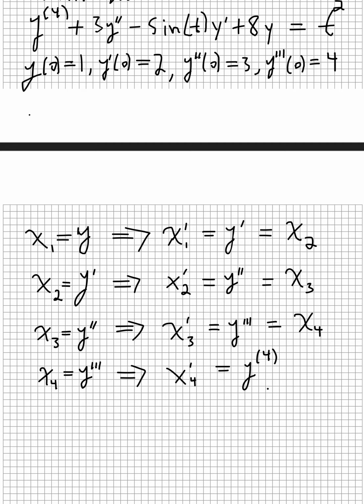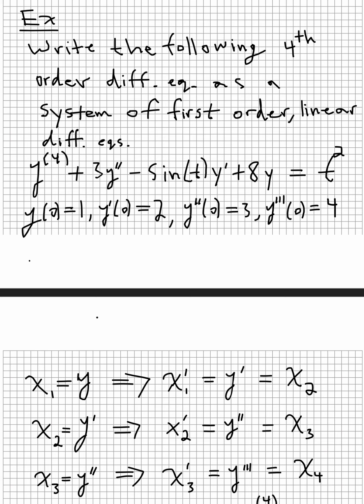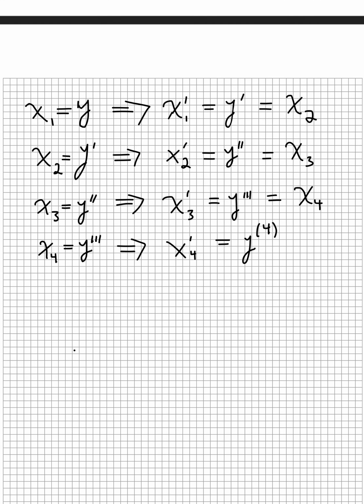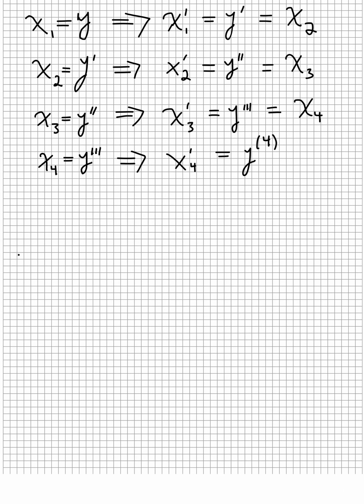So like before in the last example, you want to isolate the y to the 4 term, which would be this term right here. Isolate this term by moving all the other terms to the other side, and then substitute your change of variable into that equation to finish this off. Okay, so let's do that.